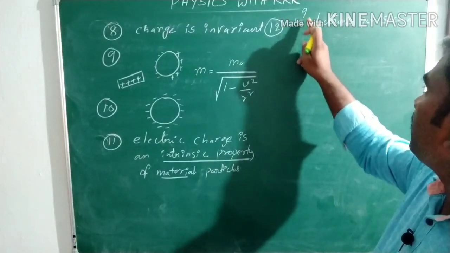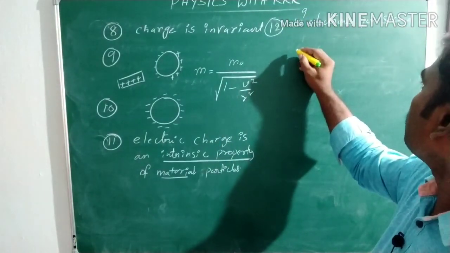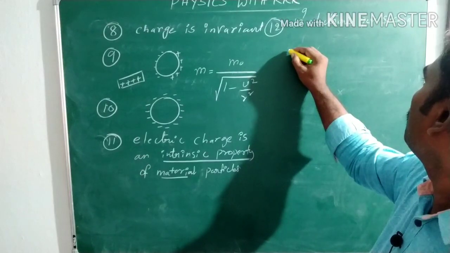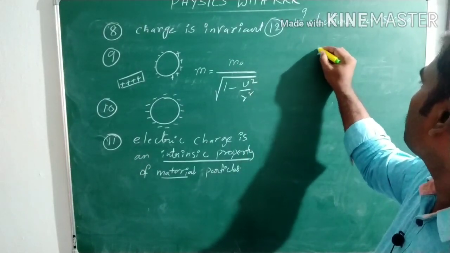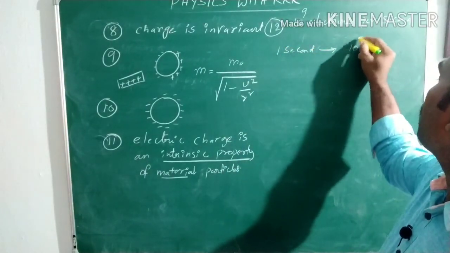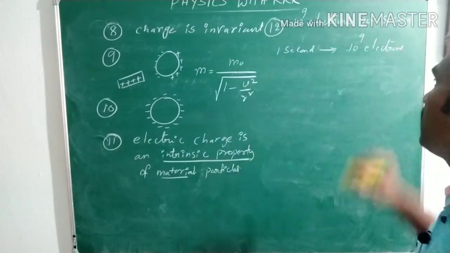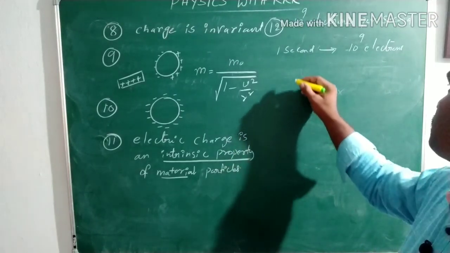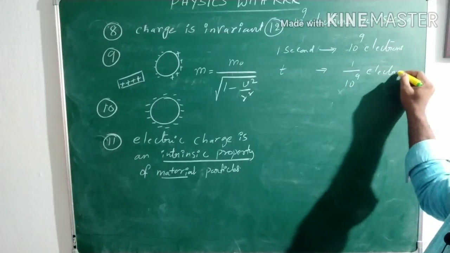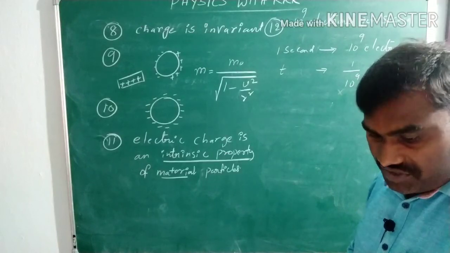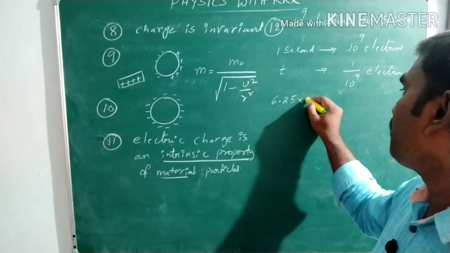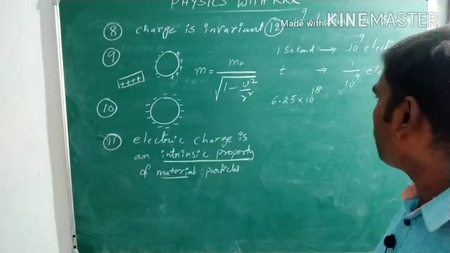Now, 10 to the power of 9 electrons every second. Two things we need: 1 coulomb of charge consists of 6.25 into 10 to the power of 18 electrons.